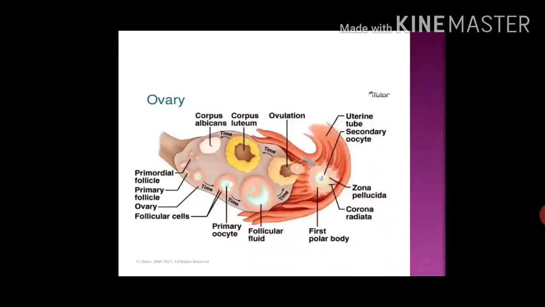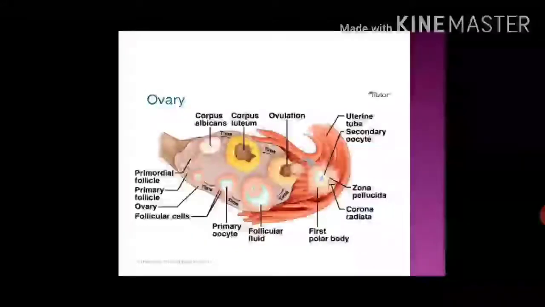See this. In this I have shown the changes that take place in the follicles: primordial follicle, primary follicle, secondary follicle, and then the mature follicle, known as the Graafian follicle.